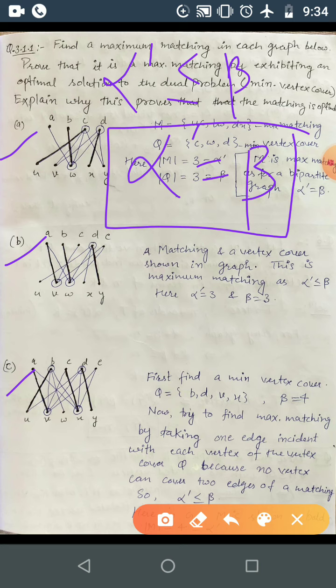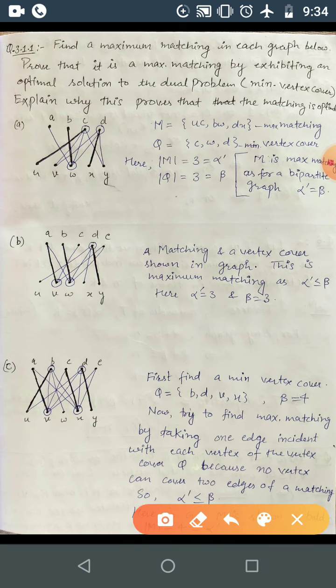First I am calculating beta and alpha dash, then I'll check whether they are equal or not. If equal, then we are done.